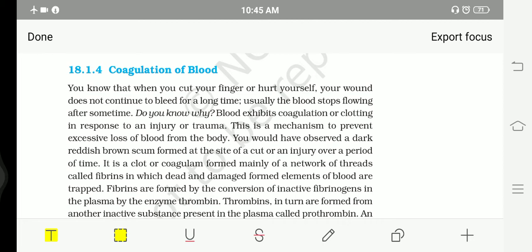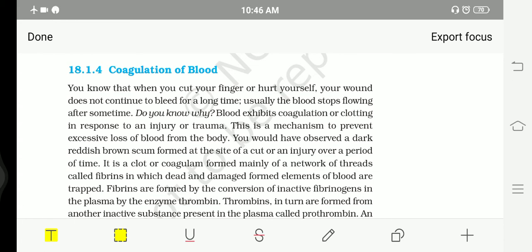Here I already told you the coagulation of blood or blood clotting happens within a few minutes. This is because the injured cells release certain substances. Which are the substances?